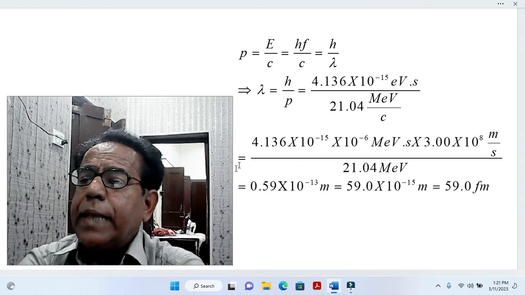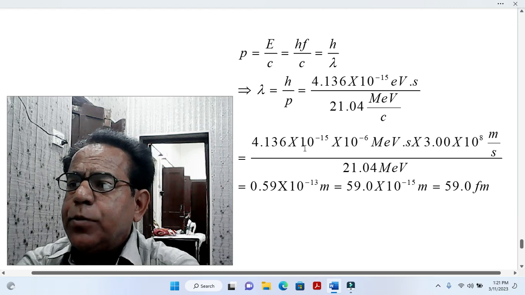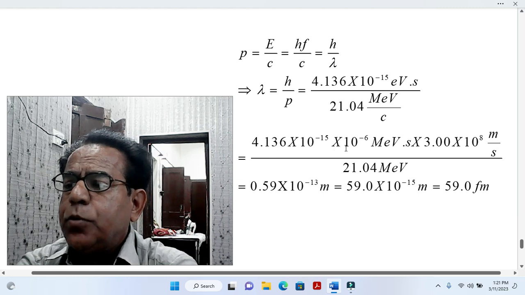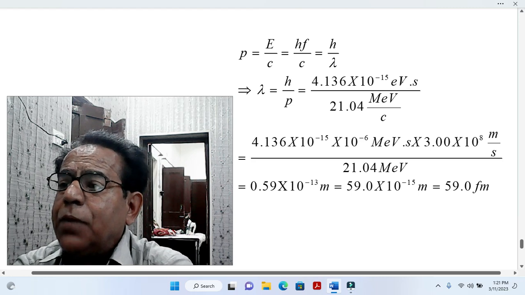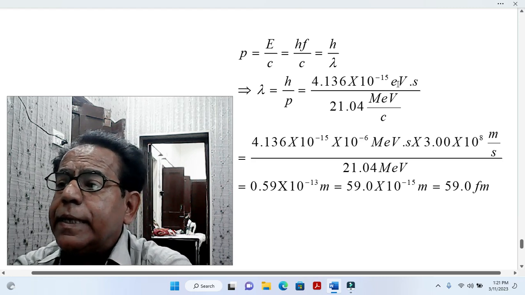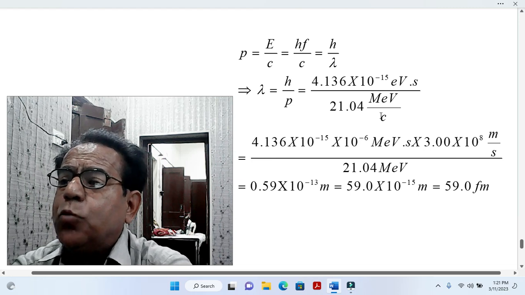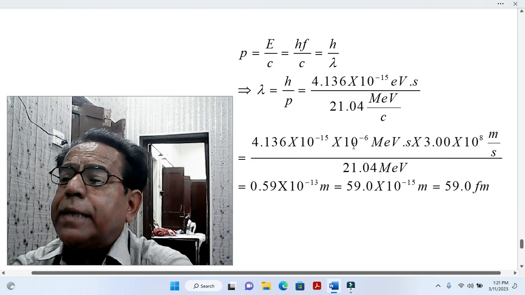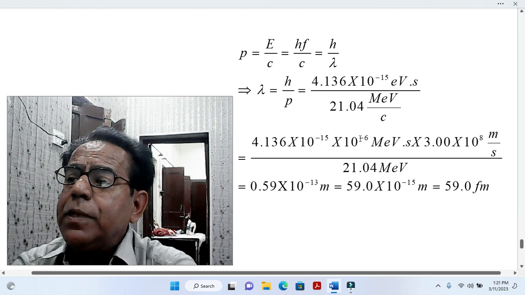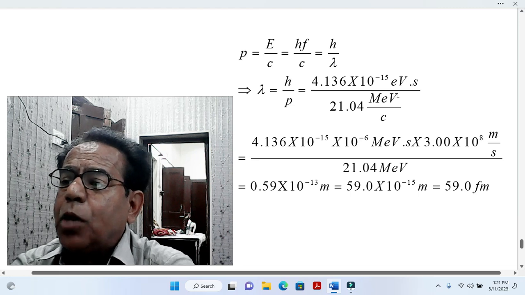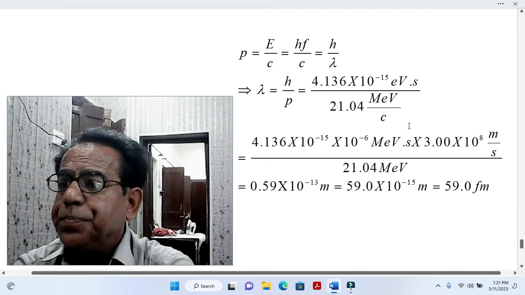Then this becomes equal to this into 10 into 10. What we have done: this is electron volt, and now we are converting it into million electron volt. In order to convert it into million electron volt, we will have to multiply it with 10 raised to the power minus 6, and then after multiplying with this, electron volt will be converted into million electron volt dot second.